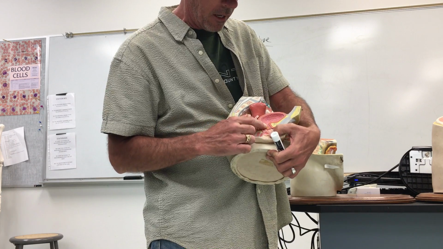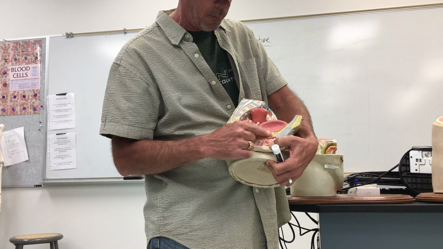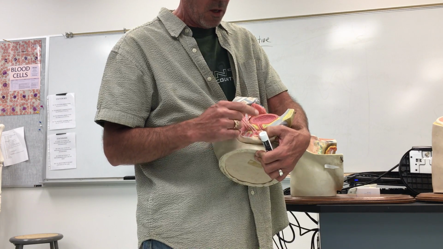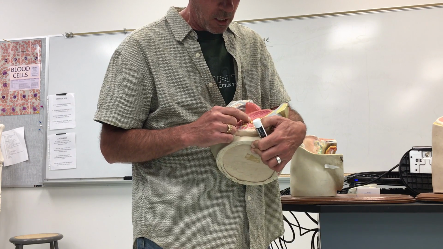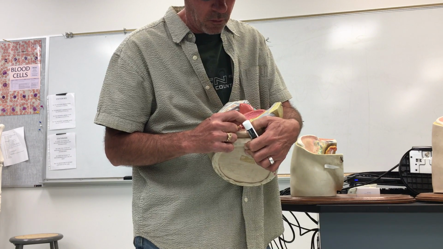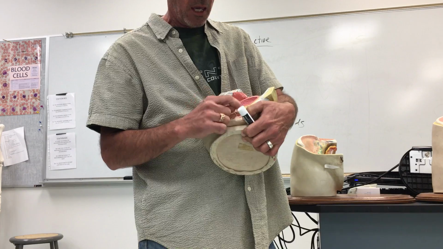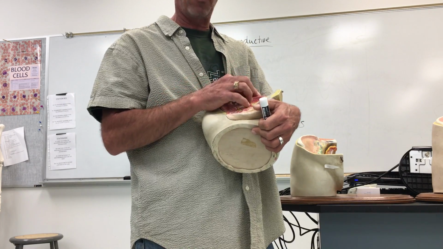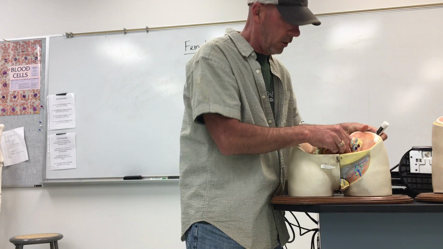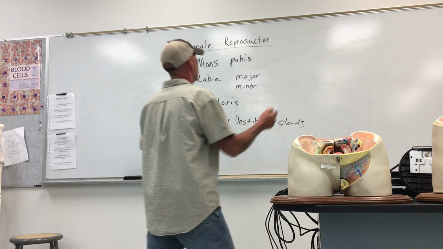Now remember, in a male, our prostate wraps this upper end, right at the base of the urinary bladder, the start of the urethra. But in a female, we have this tissue on down the urethra a little farther, and this is known as the periurethral gland. And the periurethral gland is also a very interesting structure.